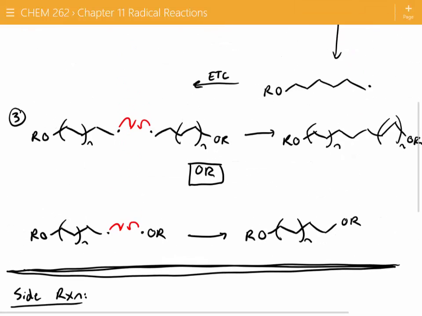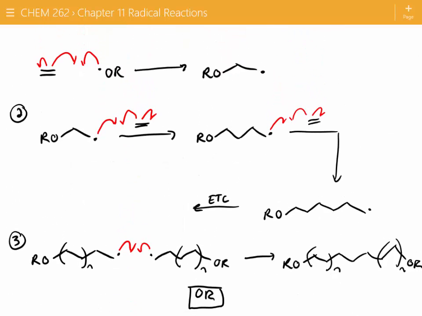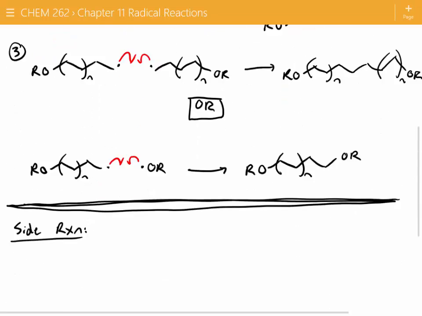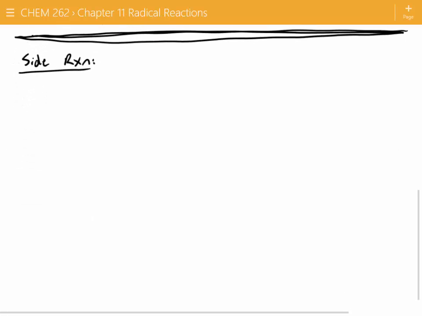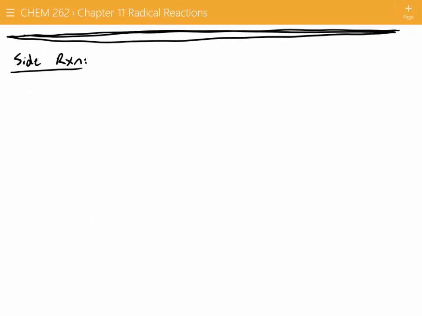But you may have noticed that our alkyl radical here is on a primary carbon, right? I just got through telling you guys that primary radicals are very unstable. They don't like to be primary radicals, and so oftentimes they'll find ways to form a more stable radical. So you get this side reaction that can be fairly challenging to control.